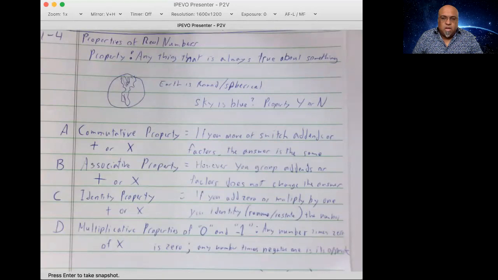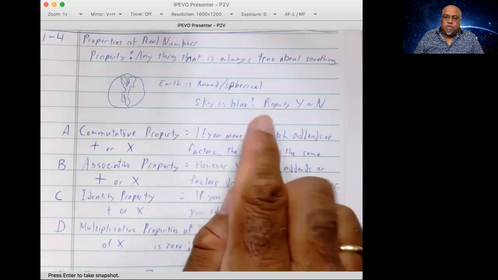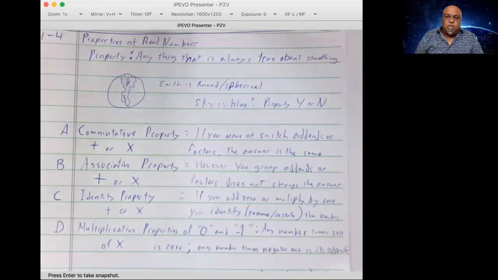Okay? Now, let me ask you another question. Is the sky blue? Would that be considered a property? Yes or no? Is the sky always blue? If you give the strict definition of the sky as basically just looking up at any given time, then the answer would be no. Because if it's a cloudy day, the sky would be white.